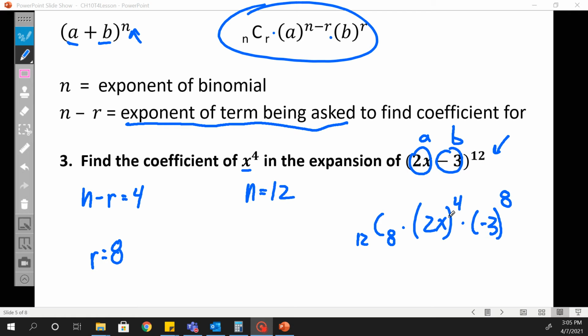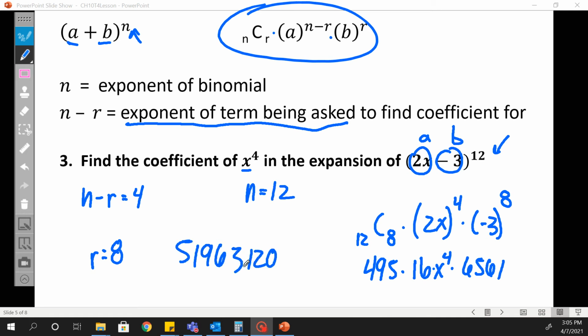So 12 choose 8 is 495. 2x to the fourth, so that's 2 to the fourth, which is 16 times x to the fourth. And then negative 3 to the eighth is 6561. So we got 495 times 16 times 6561, which is 51,963,120 x to the fourth.